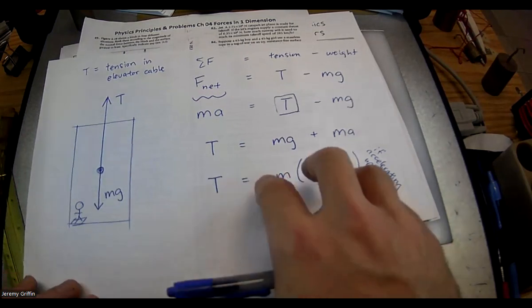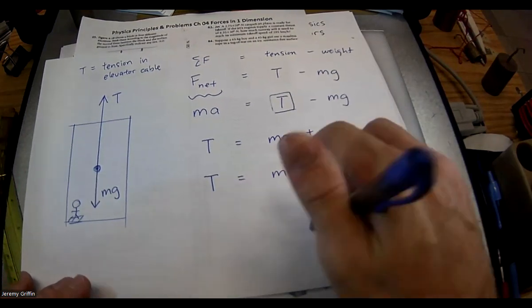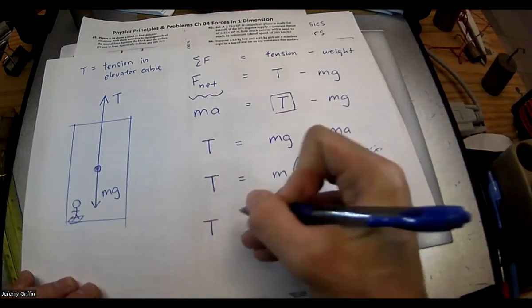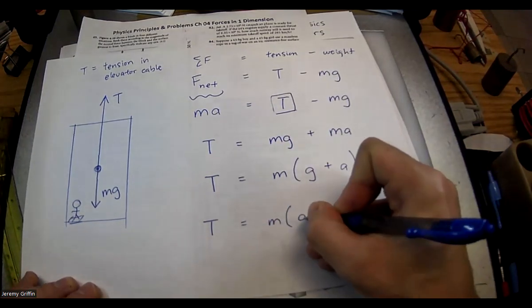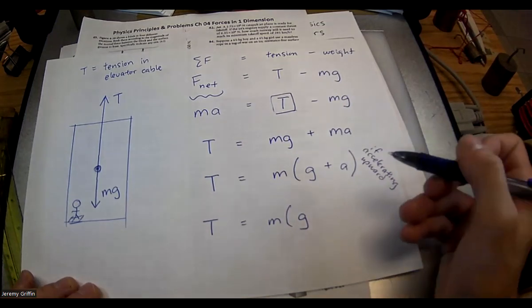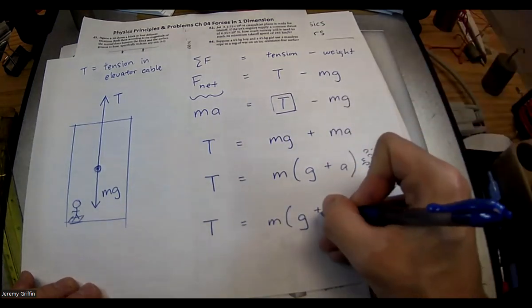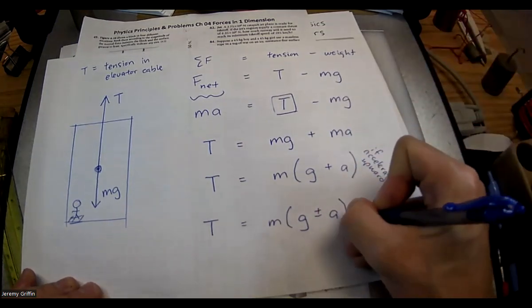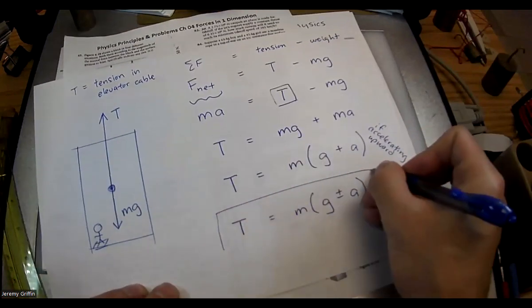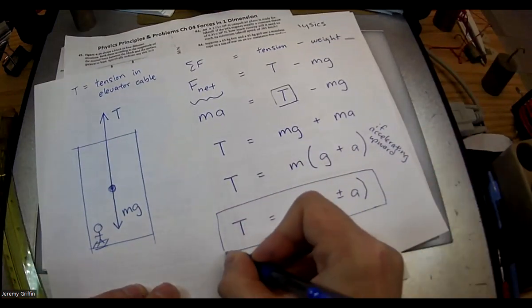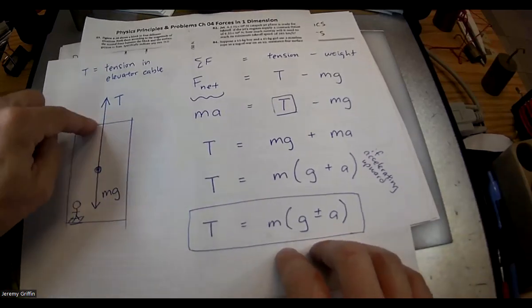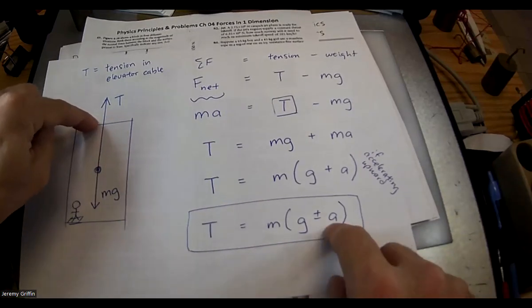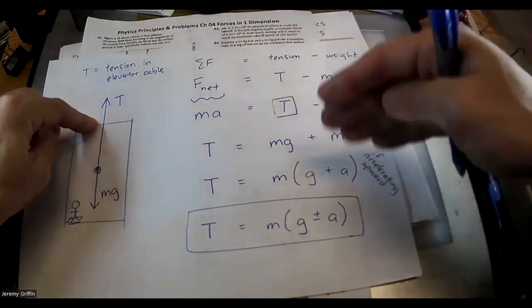Okay. So I'm going to generalize this by saying this: tension in the elevator cable is M times G plus or minus A, and the only difference is this plus would change to a minus, right? If you want to try that yourself, you can see that's going to be the case. This is a nice handy formula to hold on to in your back pocket. If you ever want to know the tension in an elevator cable based on its acceleration, I just derived this whole process for you guys.